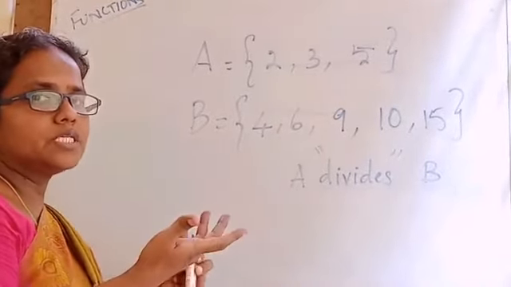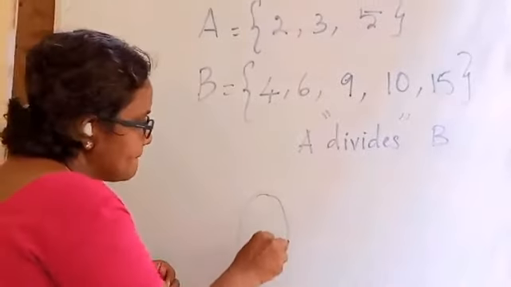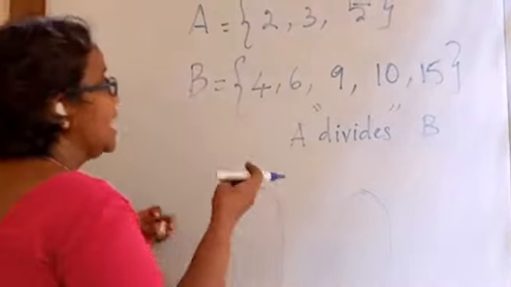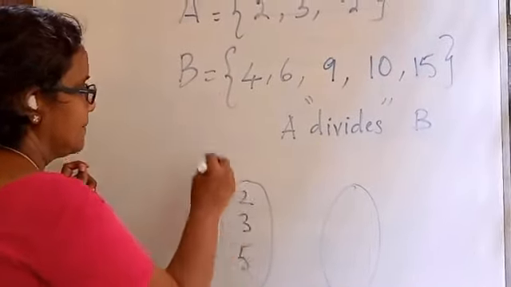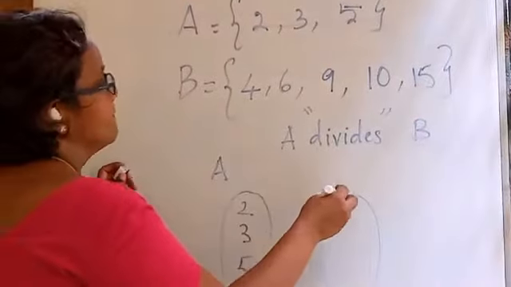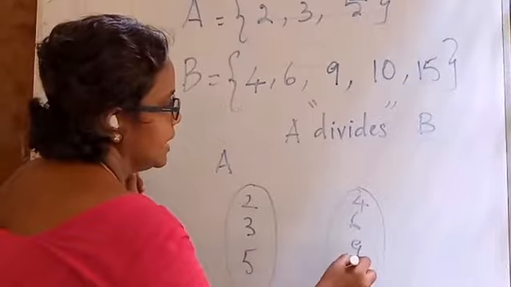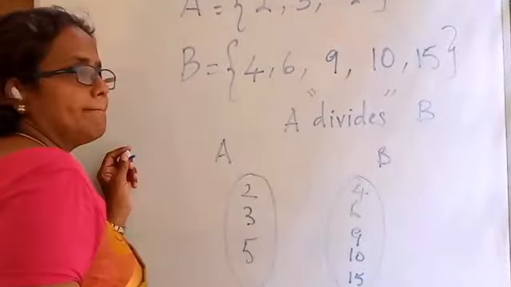You'll be able to understand it more clearly. The elements of set A like this and name it as A, and the elements of set B like this and name it as B.